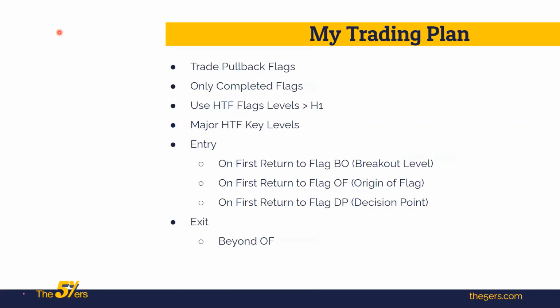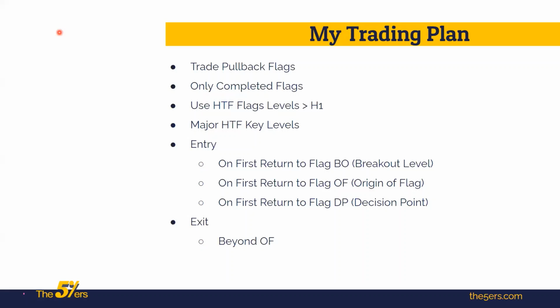And for entries, I'll be having three types of entries: the breakout level, the region of the flag level, and the decision point level. The exit on loss, my stop loss, will always be a few pips beyond the origin of the flag.